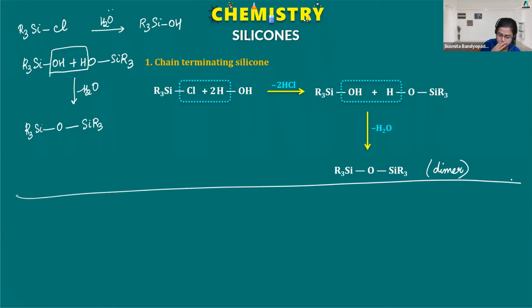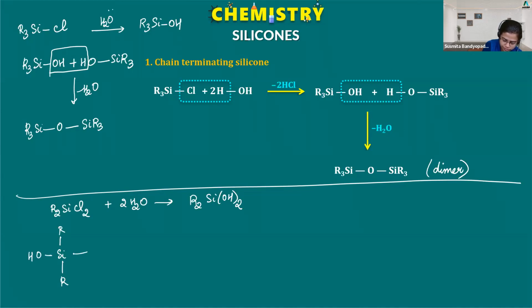I'll show you something else also here. But in case it is R2SiCl2, this on hydrolysis will produce R2Si(OH)2.